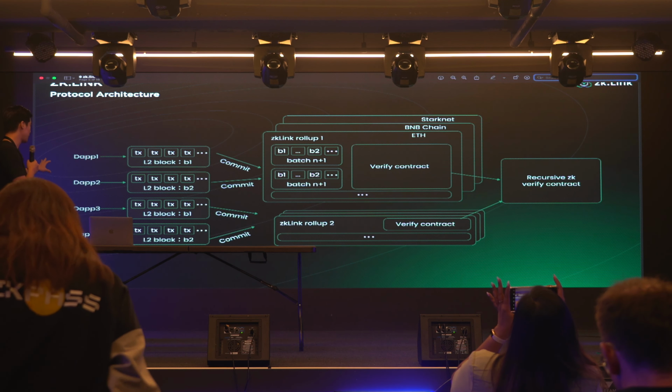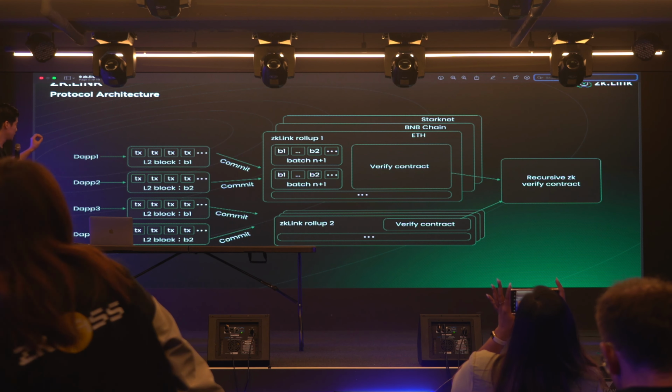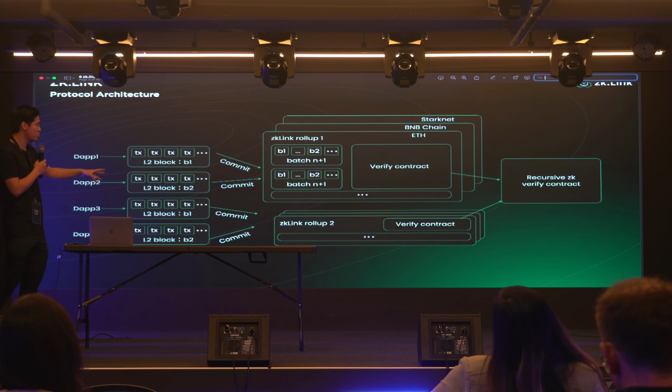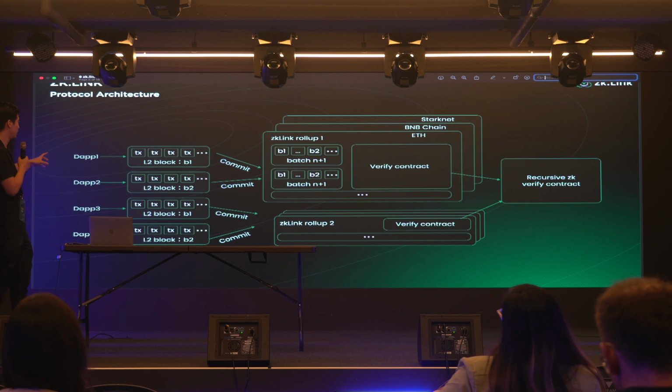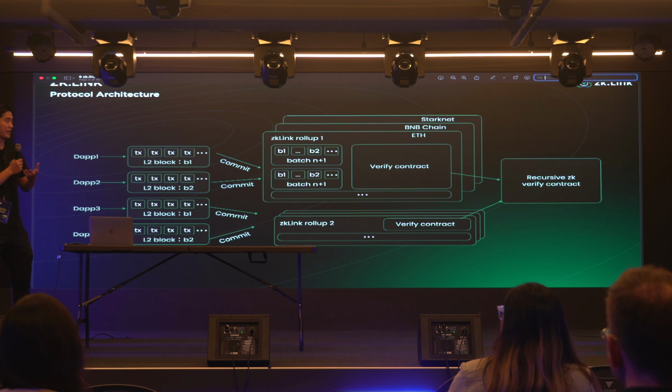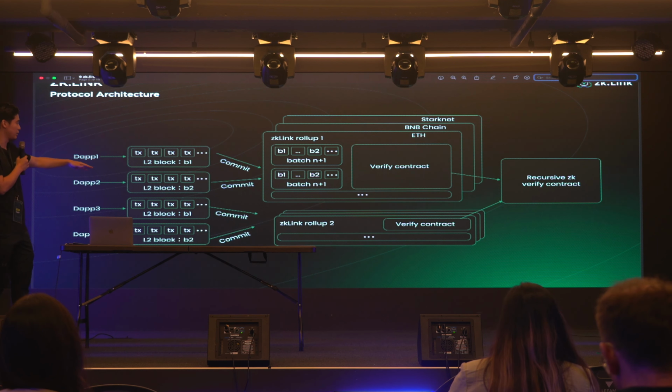These application 1 and application 2 are committing the transactions, batch the transactions on chain to the contract and verify contract. Application 3 and application 4 are committing the transactions to another setup, which is not necessarily the same compared with the first setup. It could be a different network collection, including outer layer 1s, zk EVMs, zk VMs, optimistic rollups, etc. as long as it satisfies the needs.